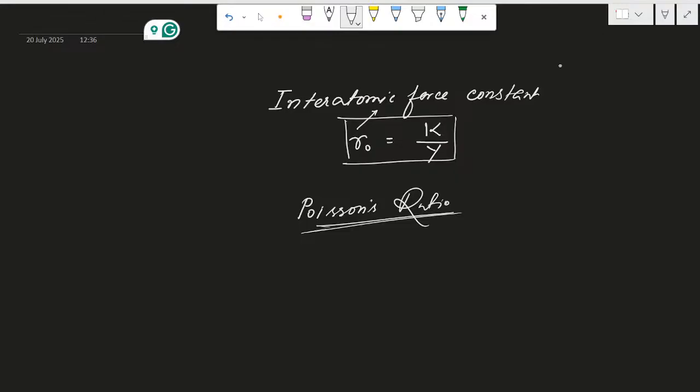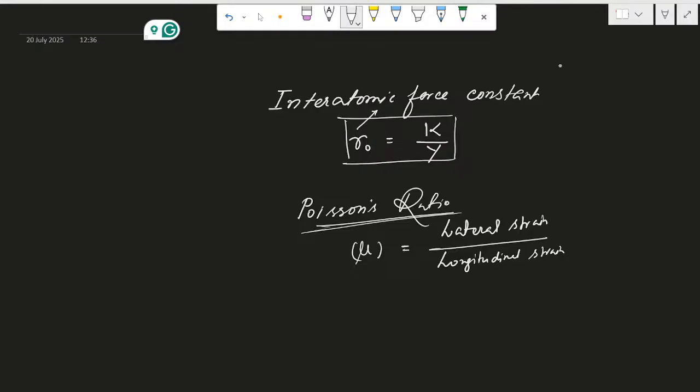It can be denoted by mu. Mu is equal to lateral strain by longitudinal strain.